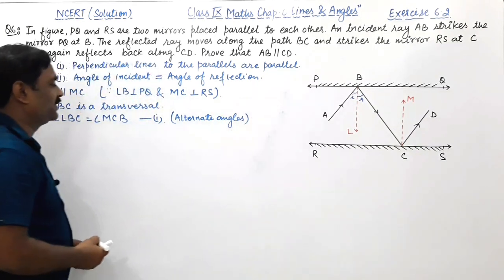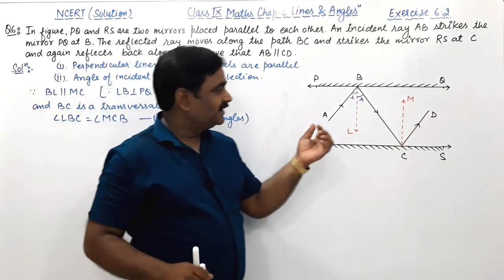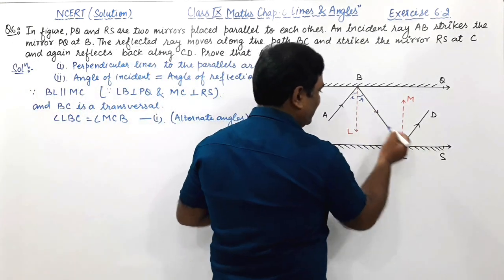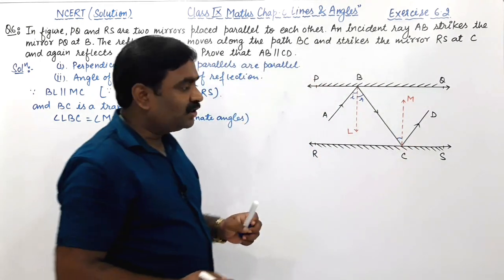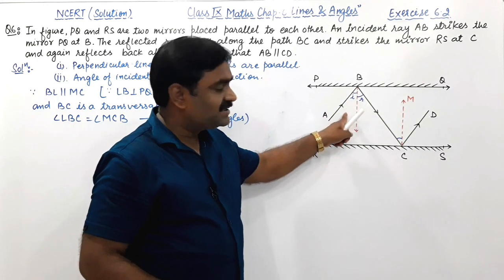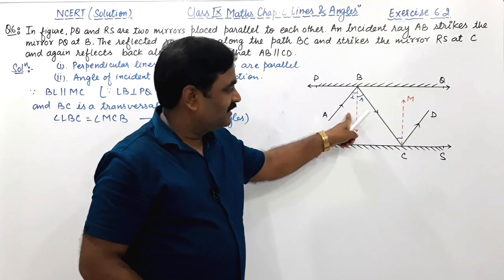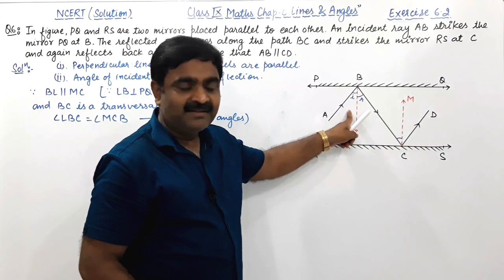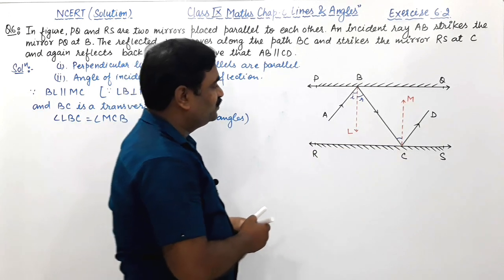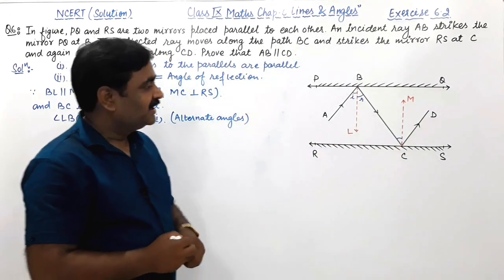Right students? Okay, now as these two angles are equal, we got these two angles equal. Now this angle is equal to this, as angle of incidence is equal to angle of reflection. This angle is equal to this, right? If this angle is equal to this one, what can you say about this?